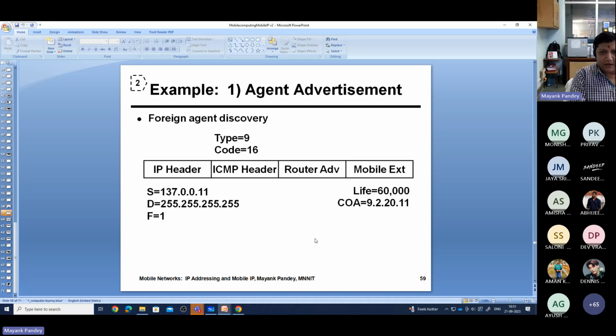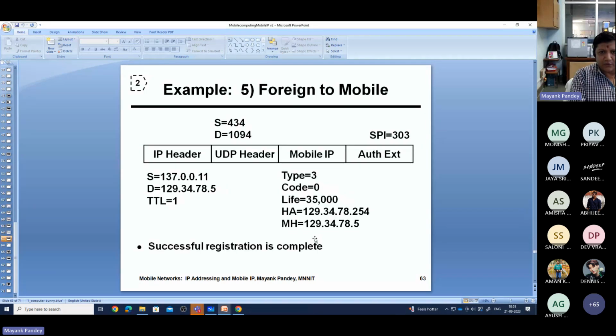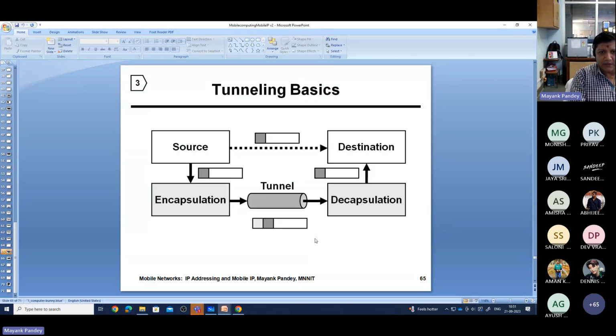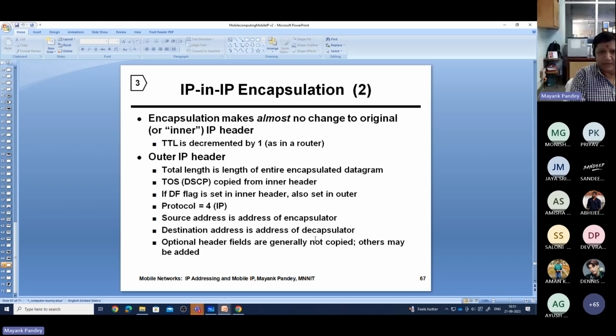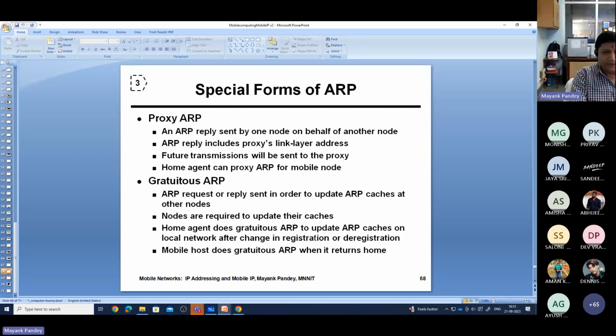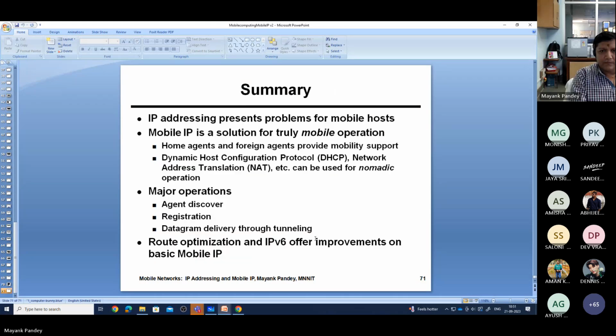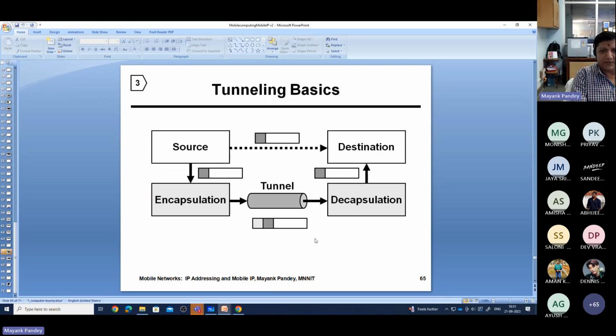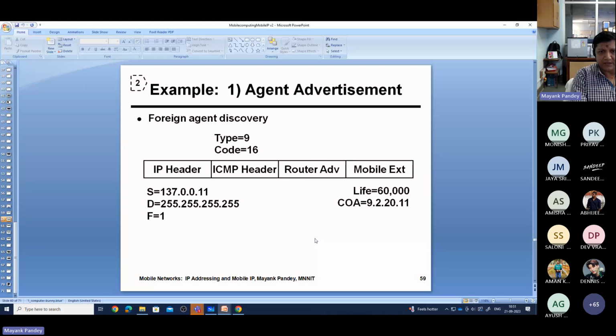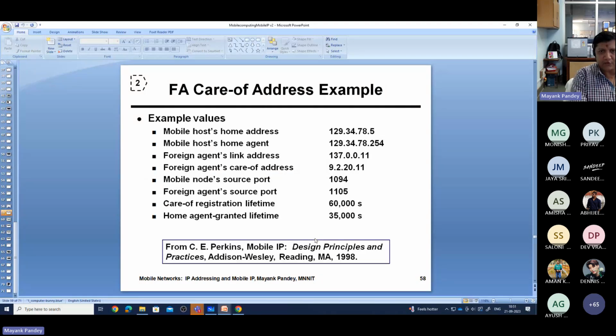You can see how the packets are going to be forwarded, how the datagram delivery happens. I suggest you see this example after the class, and if there are any problems, you can ask the question.